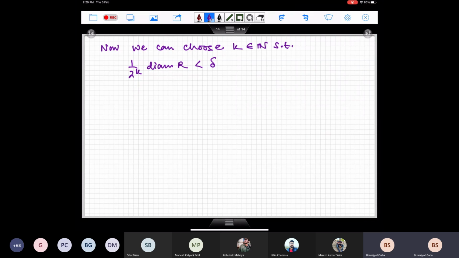So once I do that, on R_k, which has diameter 1 upon 2 power k diameter of R, we have mod of z minus z naught less than delta.